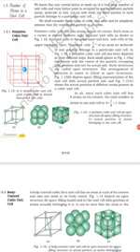Next is the number of atoms per unit cell. This is a very interesting and important topic. Let us understand it in a very simple way. To understand it, first of all, we have to understand the contribution of particles at different points in a unit cell.